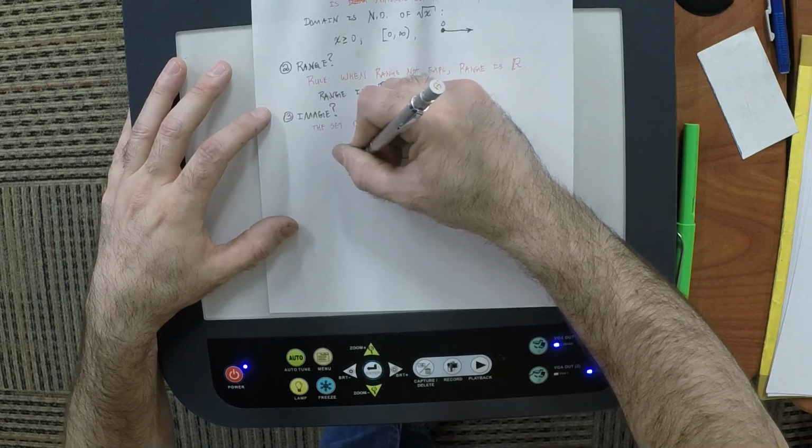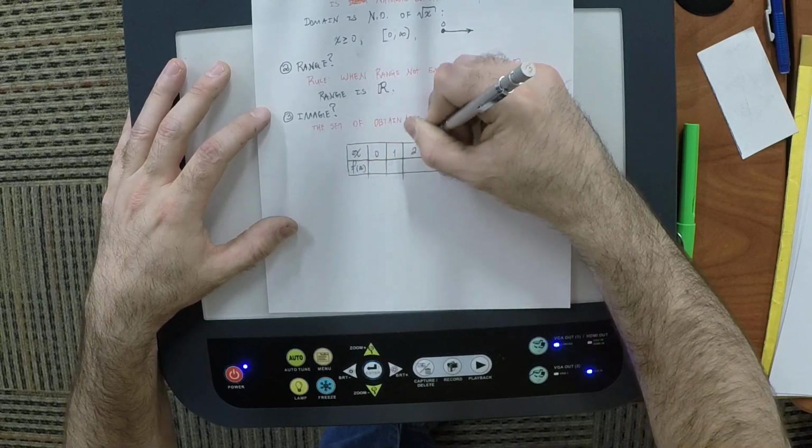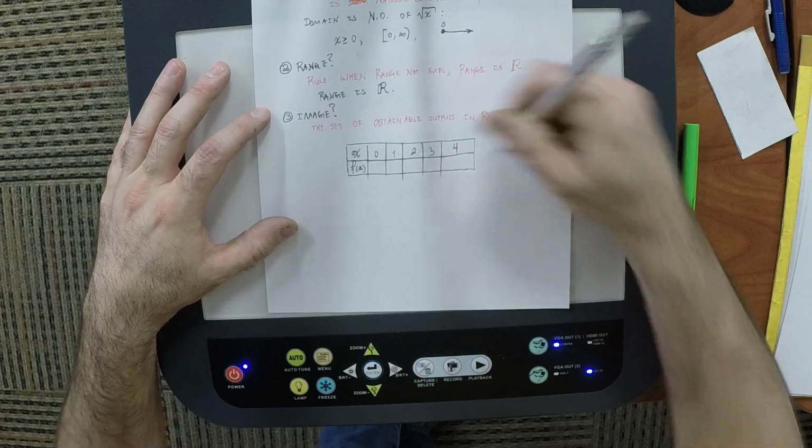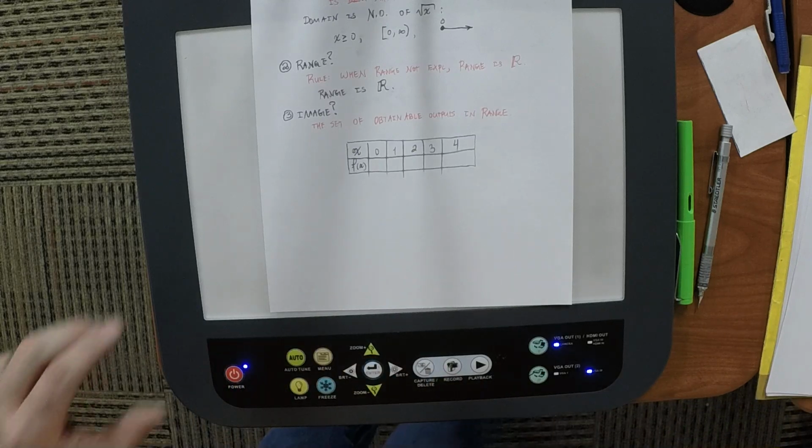X here and f of x here, so 0, 1, 2, 3, 4. I'm kind of rushing because the clock is against us.